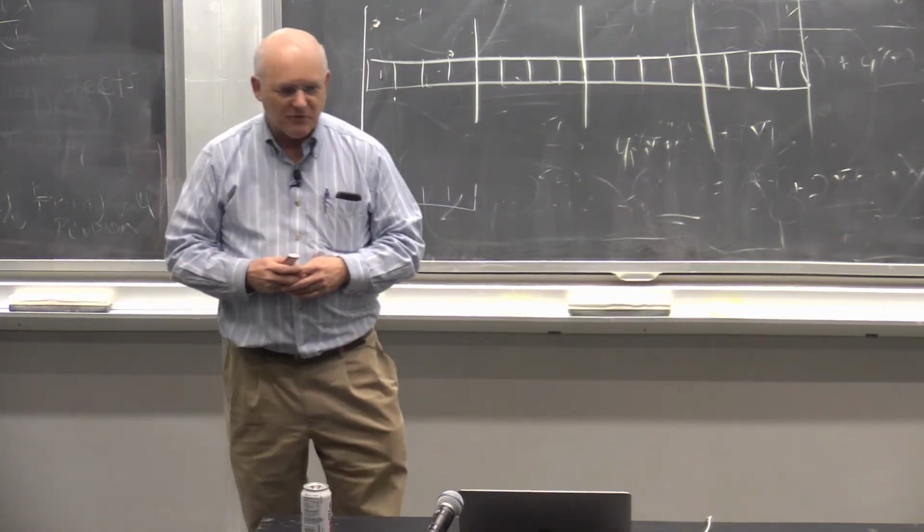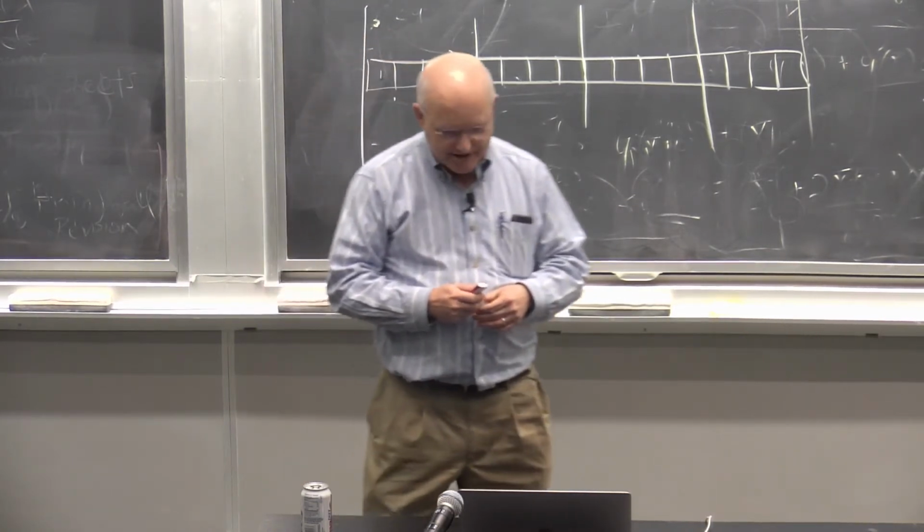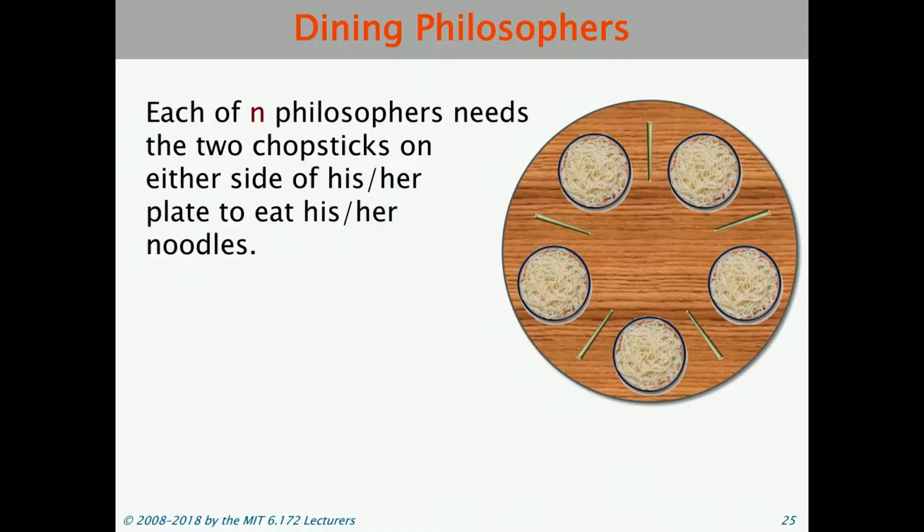There are versions where they use forks, but this is going to be, they're dining, I'm going to say that they are eating noodles with chopsticks. And there are N philosophers seated around the table, and between every plate of noodles, there's a chopstick. And so, in order to eat the noodles, they need 2 chopsticks, okay? Which, to me, sounds very natural.